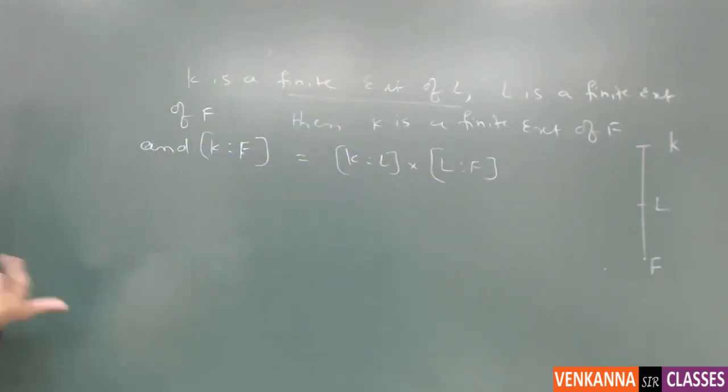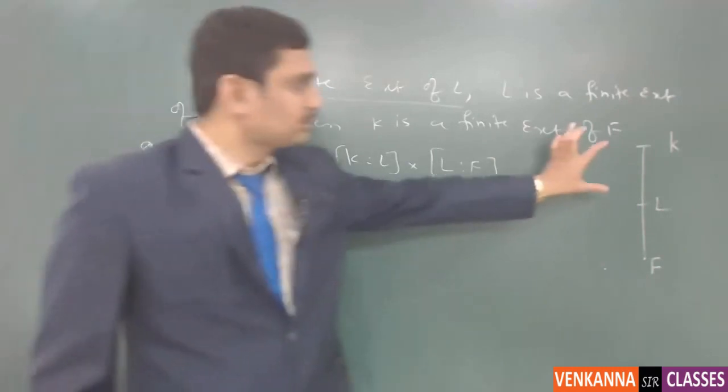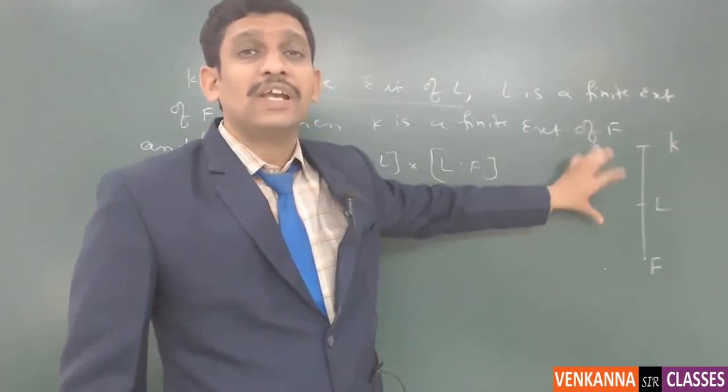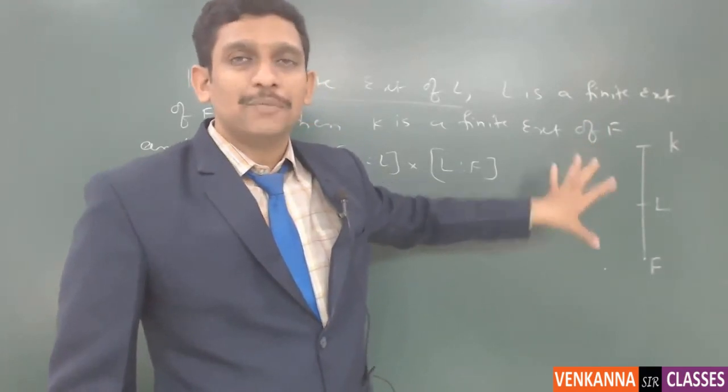So, as we have a vector space K over L, it will contain a basis, so it has a dimension.